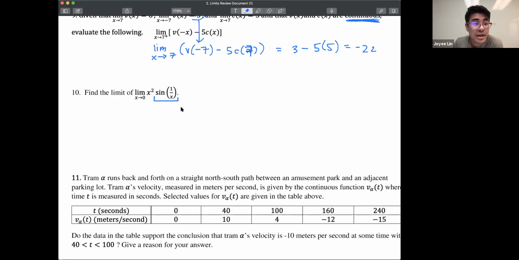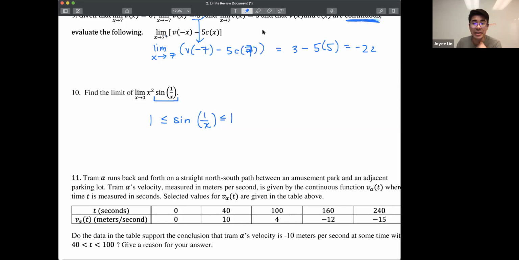Whenever you get sine or cosine, remember we can start stacking that function. Sine of 1 over x is always going to be between 1 and -1, whatever that function is.